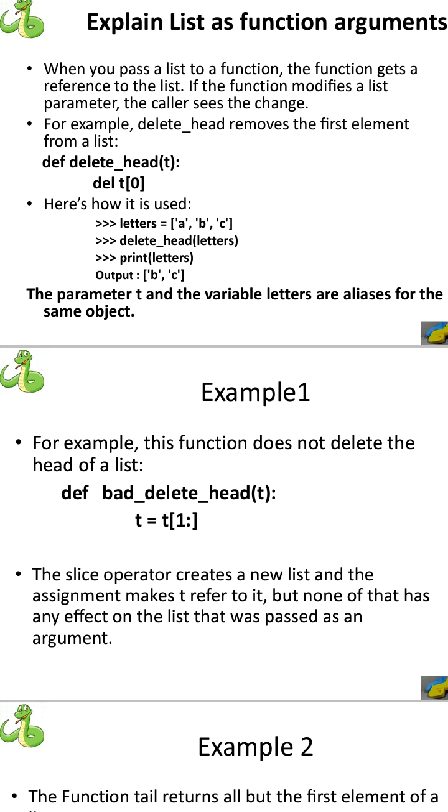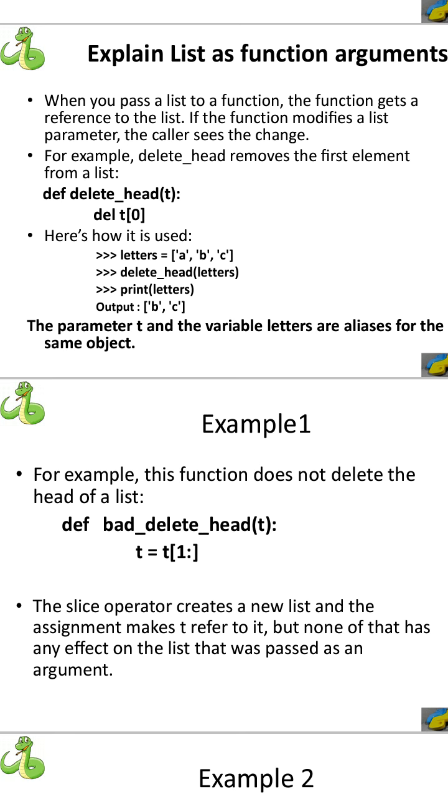So when we pass a list to a function, the function gets a reference to the list, and whenever we modify a list parameter, the same changes are seen in our driver code, that is, by the caller.